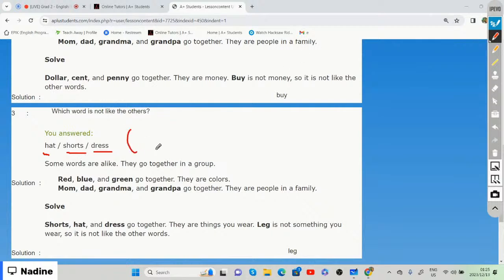These are things to wear. So we've grouped them according to hats, shorts, dress, and these are things to wear.